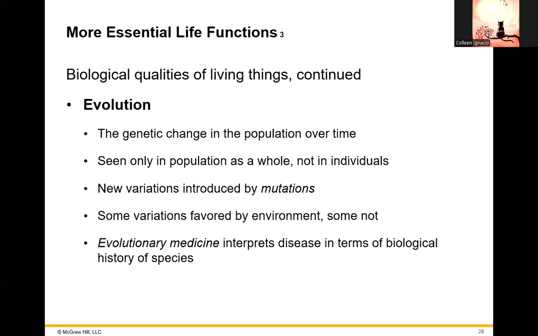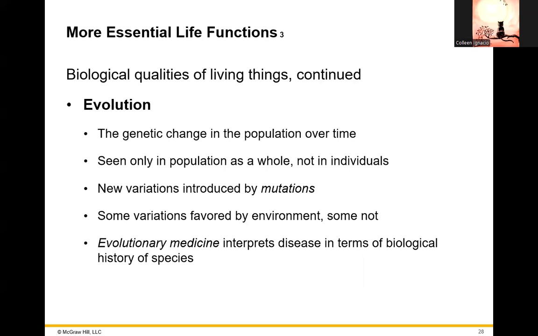Another quality of living things is evolution. So there's genetic change in the population over time, and it's seen in the population as a whole, not necessarily in individuals. There's something that we also see as we evolve, which is mutations. If you have followed the COVID-19 scenario, you know that there was big discussion when the COVID virus was actually mutating or changing, right?